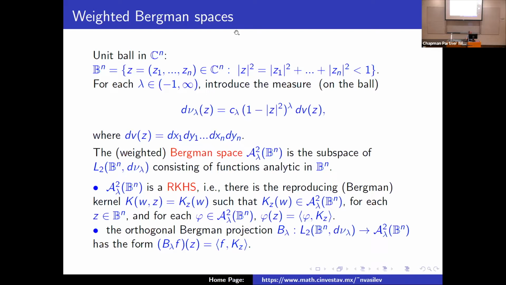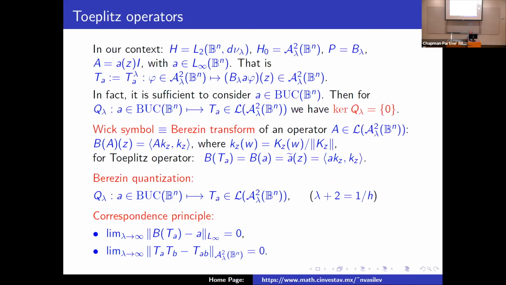Okay, now in our setup, the big Hilbert space H is L2 with this probability measure over the unit ball. The small subspace H naught is the Bergman space, and the projection P is the Bergman projection. As a bounded linear operator acting on the big space, we will take the multiplication operator by an L infinity function.